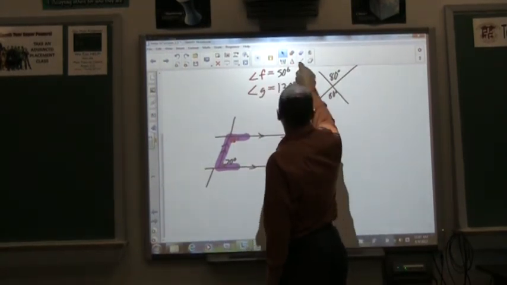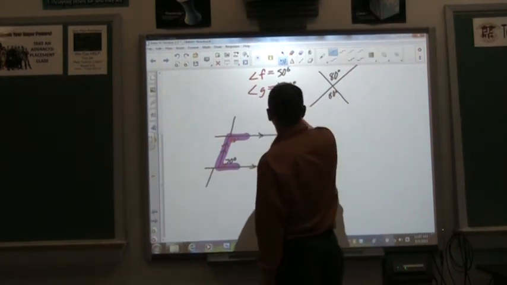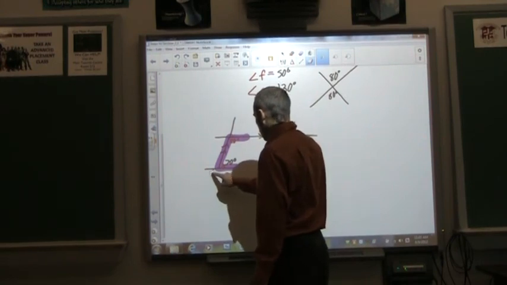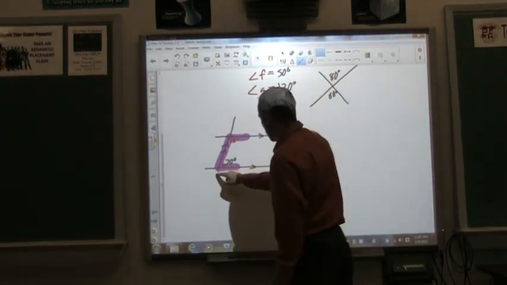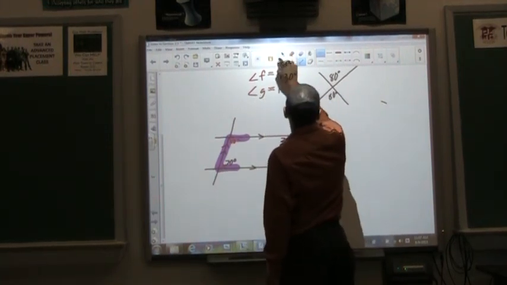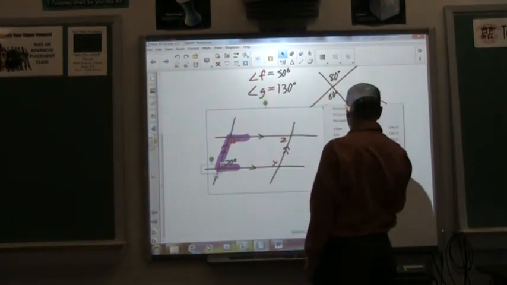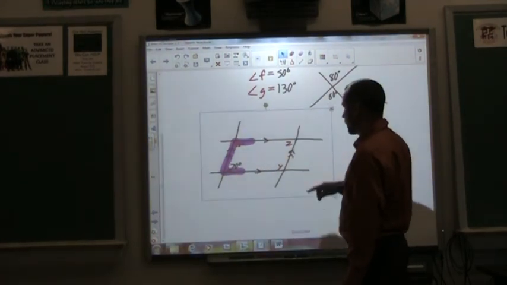I didn't quite get that exact, so let's just erase it off for a second and continue that. I'll try this again. All right, so here's our diagram on your paper.